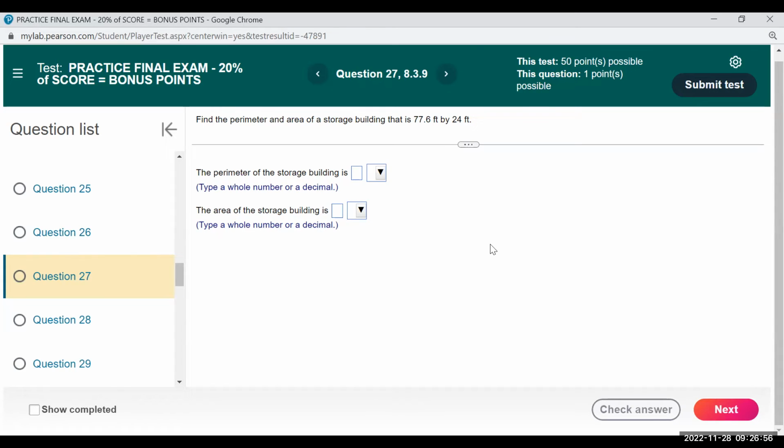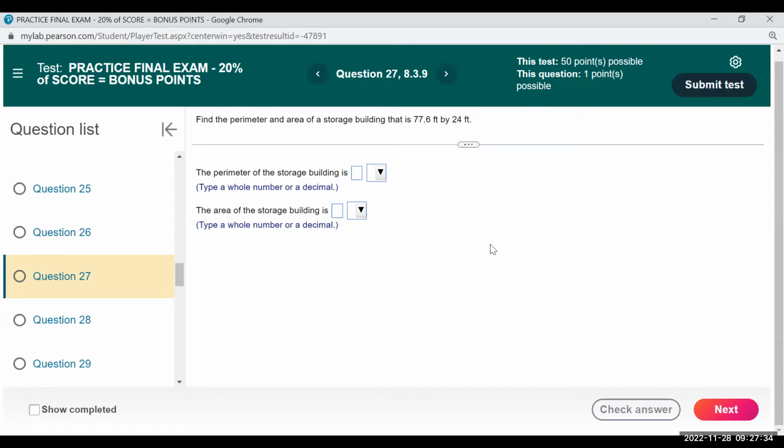Find the perimeter and area of a building 77.6 feet by 24 feet. This is 24 feet long.